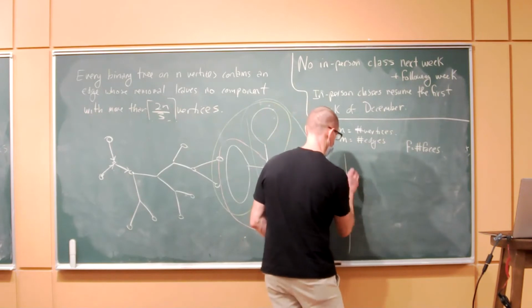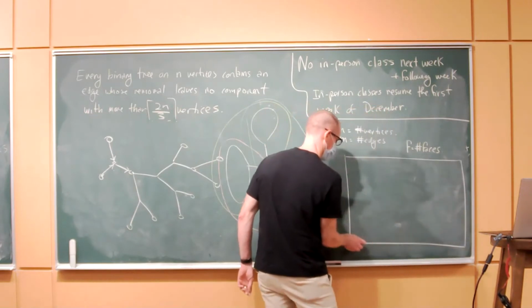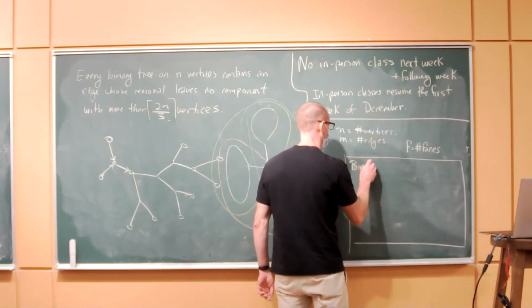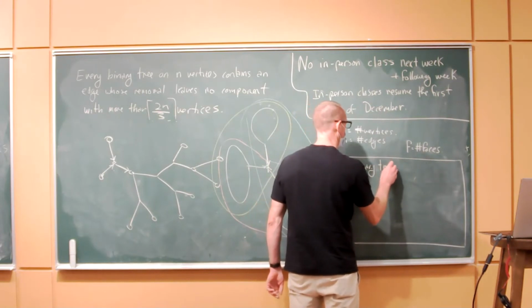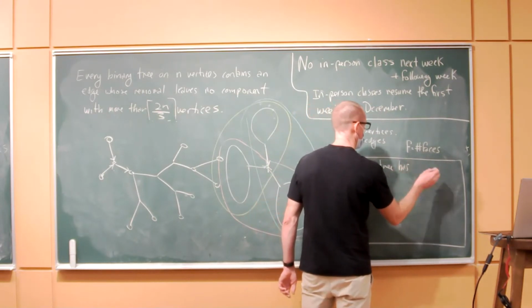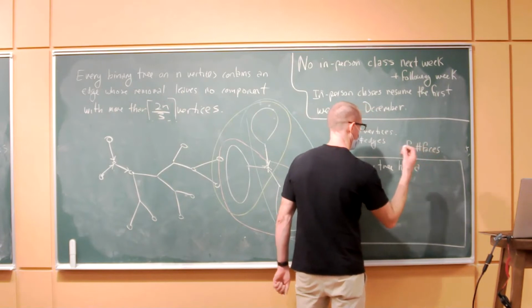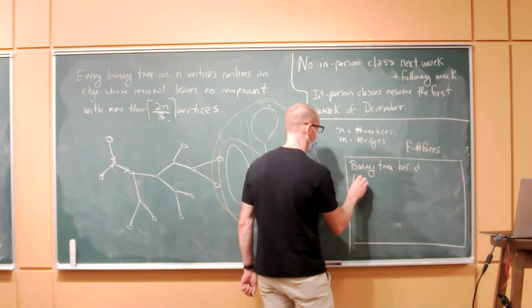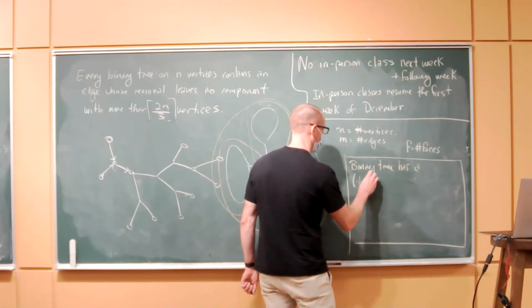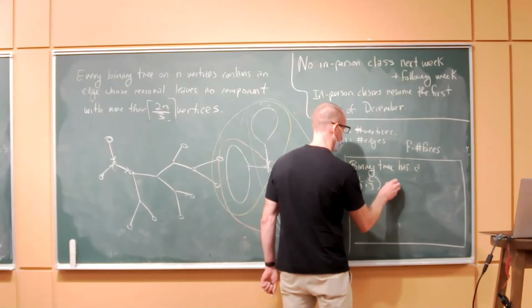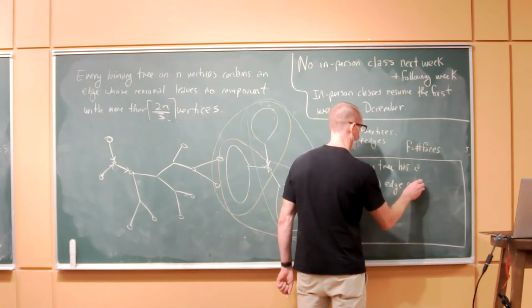So a binary tree has, I'm going to call it a 1/3, 2/3 edge separator. We'll remember that for later.